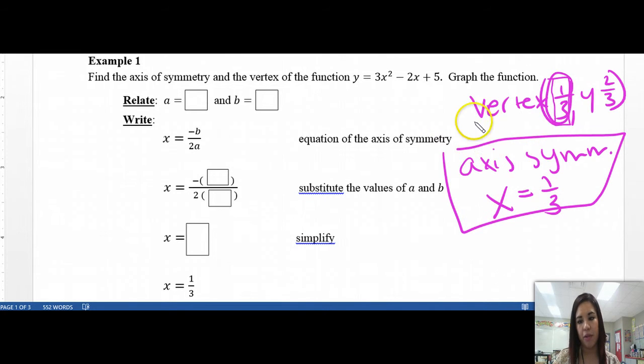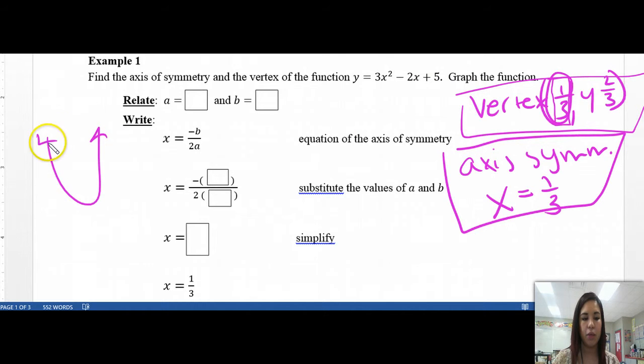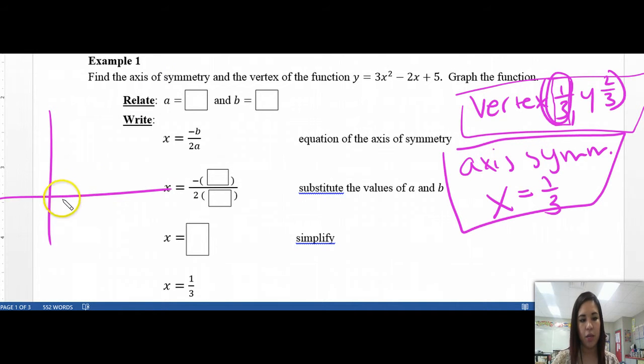Now we have the axis of symmetry and our vertex. What would that look like? Sorry, that's a bad graph. We would have something like this. If this is 1, it'd be around right here, 1/3, and then at 4 something, somewhere over here would be our parabola. And if I drew a line right here, the line for this axis of symmetry would be at x equals 1/3.